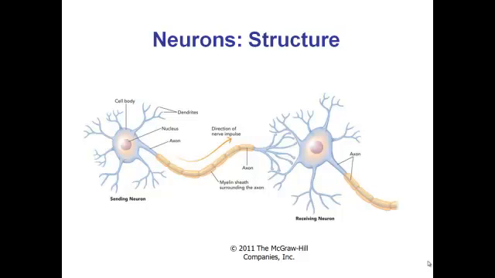As you can see here, you have these branches attached to the cell body, and those are dendrites. The dendrites are the locations on the neuron which focus on receiving information from other cells. These dendrites branch out, making connections with other cells where they receive messages.